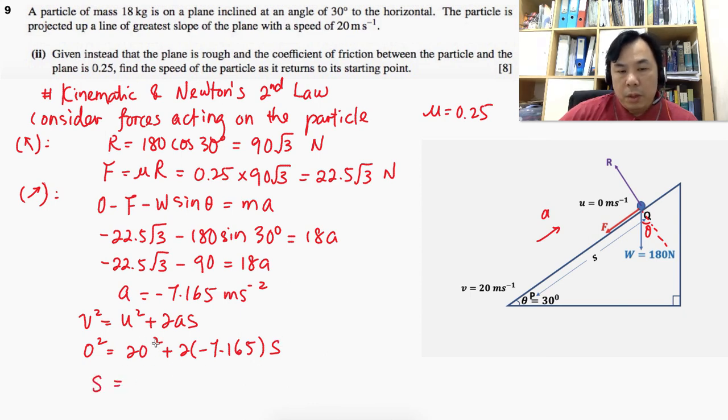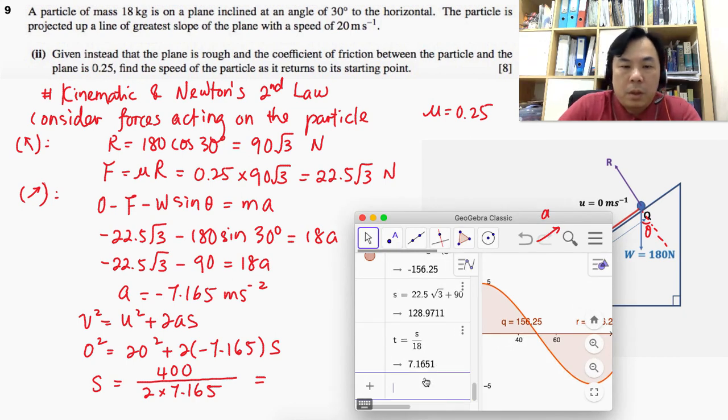So that will be typically 400 divided by 2 times 7.165 here. Let me take out my calculator one more time. So I have 200, basically 200 over 7.165.